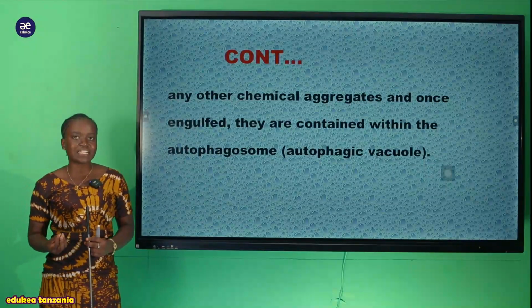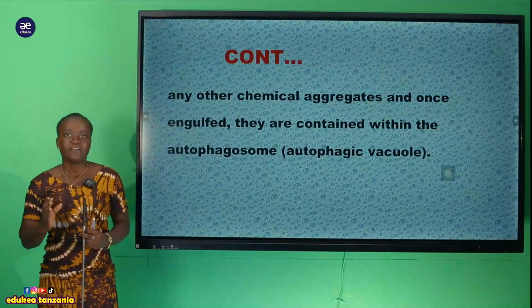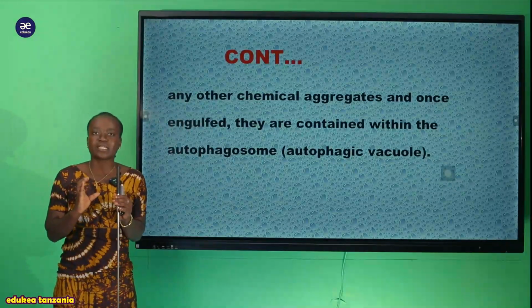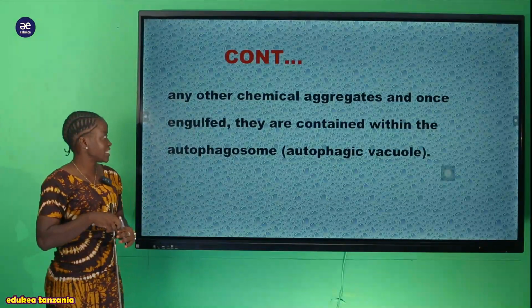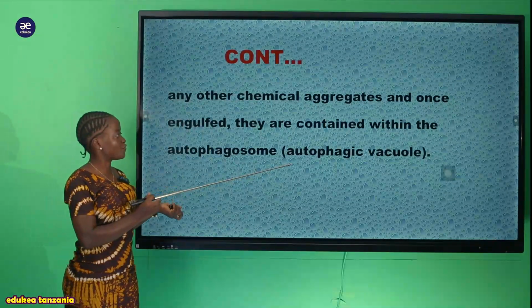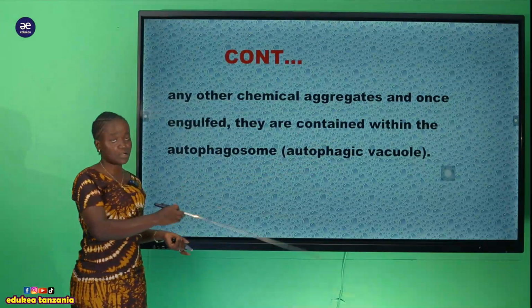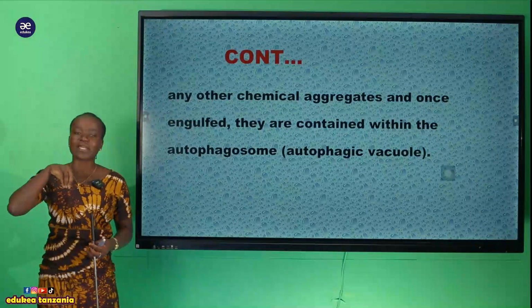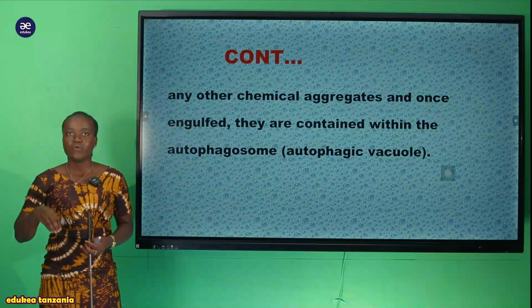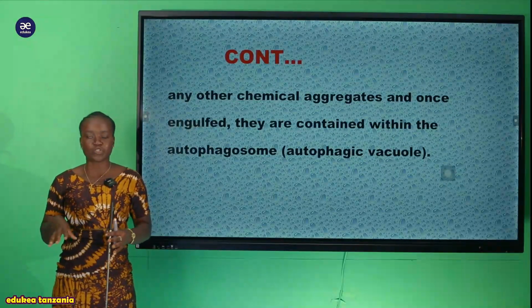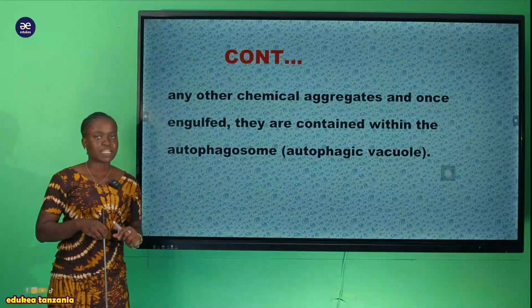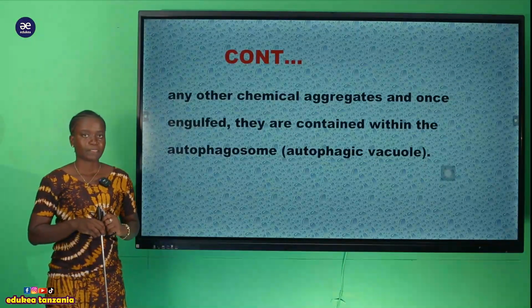So isipofanya kazi ndipo ambapo sasa itatolewa. First it will be engulfed. So ikishakuwa engulfed itakuwa kwenye kama kimfuko, so that a pouch, we can call it the autophagic vacuole, ambapo ndani yake kunakuwa na ile engulfed molecule or engulfed organelle ambayo inakuwa sasa haina function yoyote ndani ya cell. So that's the work of lysosome.